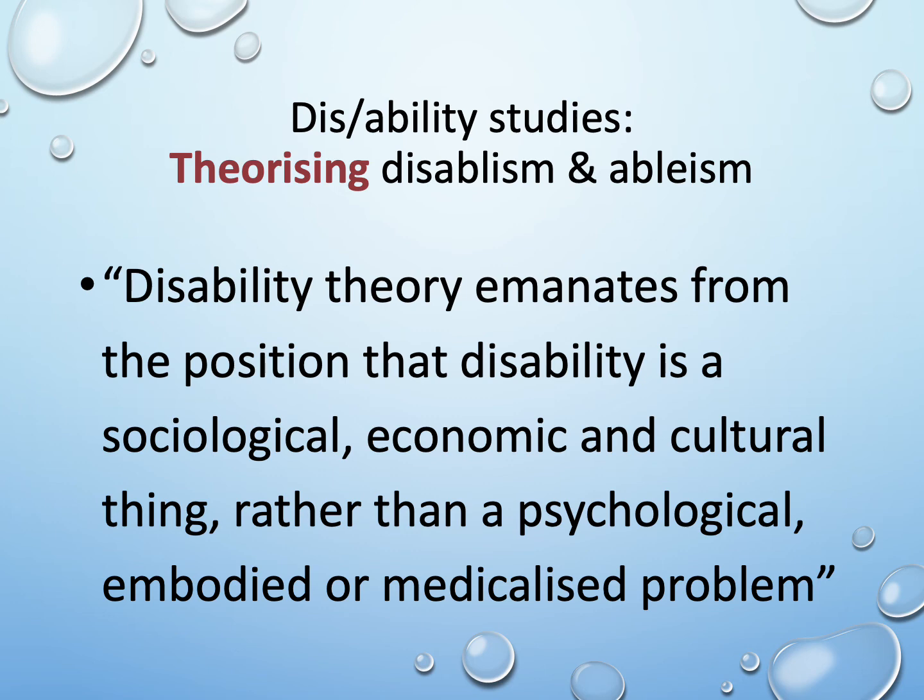So it's taking the foundation of the social model, that understanding that disability is a social, economic, and cultural thing, and building something new from it, which he's calling dis/ability studies. So that whole book, as I say, is about generating and putting forward a new way of thinking about disability and about ability.